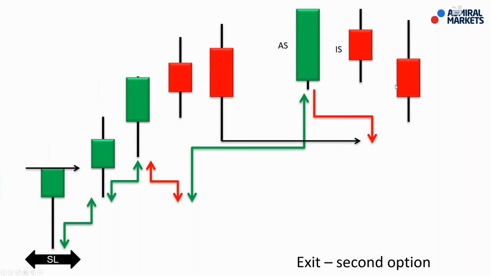Your position is still running, is still working. But you have a close below the outside bar. Now you have to stop by yourself. You have to go outside, you have to push the button, you have to finish your position.